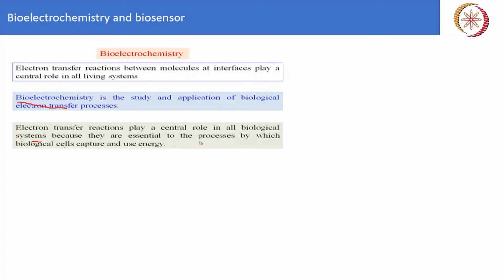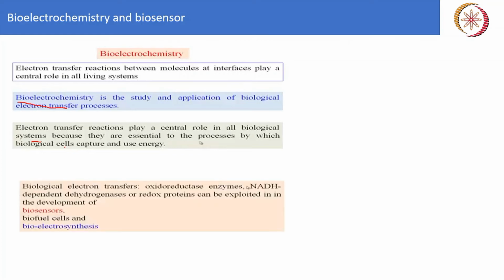Processes such as oxygen capturing, or CO2 capturing from the living cell and transfer to the lungs, also depend on the electron transfer process. Different types of electron transfer processes are going on in our living system, and to understand these things people usually use electrochemistry. I will discuss a little bit about the enzymes or important proteins in the living system.